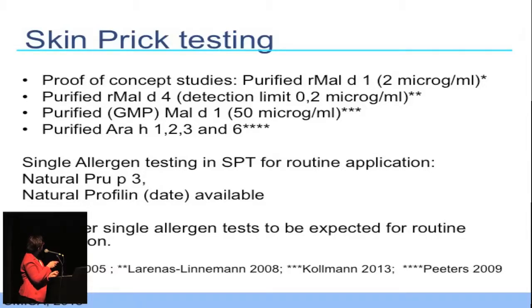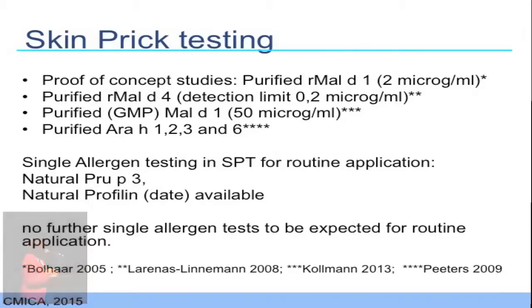I missed the Mal d 4 one line above, with a detection limit of 0.2 microgram per ml, and this was published by Désirée Larenas-Linnemann, who you might quite well know here. And there is also data around the purified peanut allergens RH1, 2, 3, and 6. So these are examples that it works, that it helps us, and it can be safe.